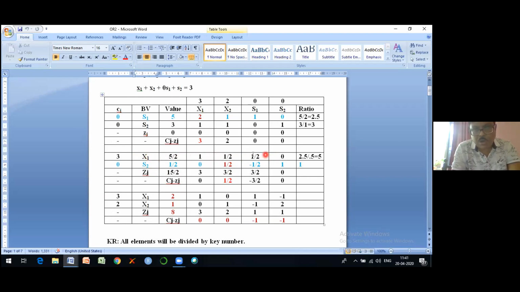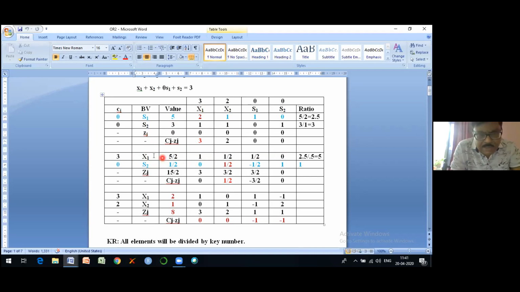This row is your key row. And this is your non-key row. Right. So again, I am saying, whatever the variable is considering in the second table, that corresponding row is the key row.